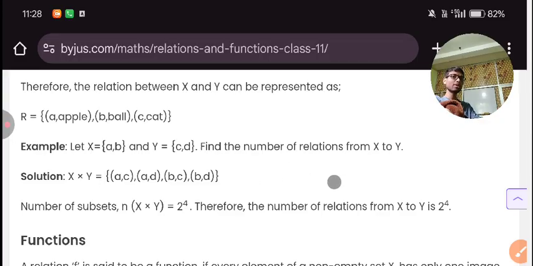So the number of the relations, it is the same, 4. Number of the subsets, how much do we have? 2 to the 4: 2 to 4, 4 to 8, 8 to 16.